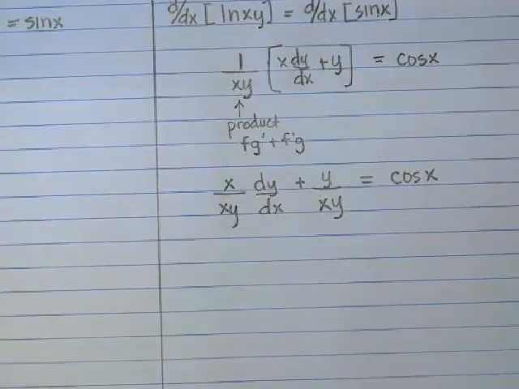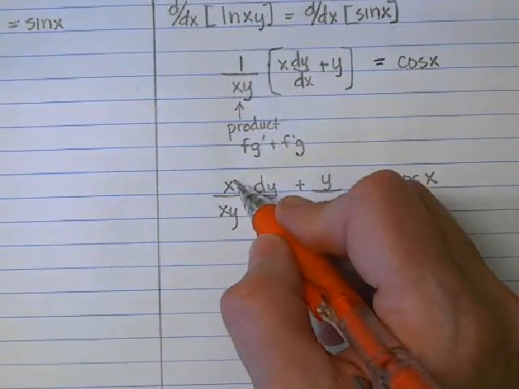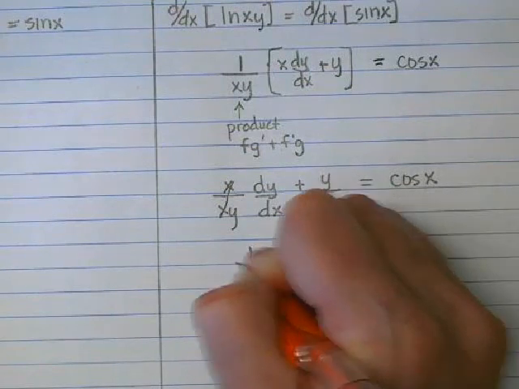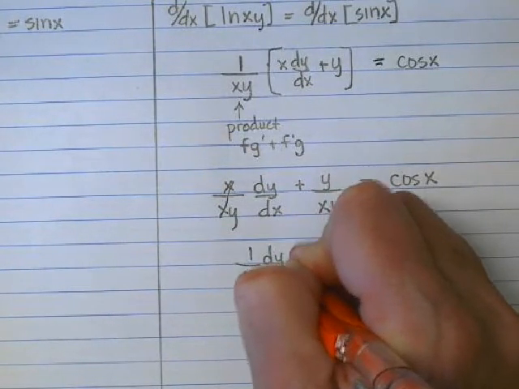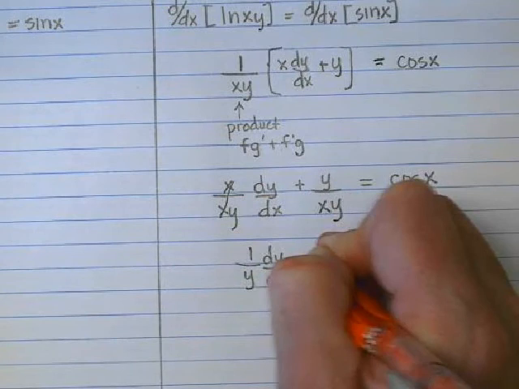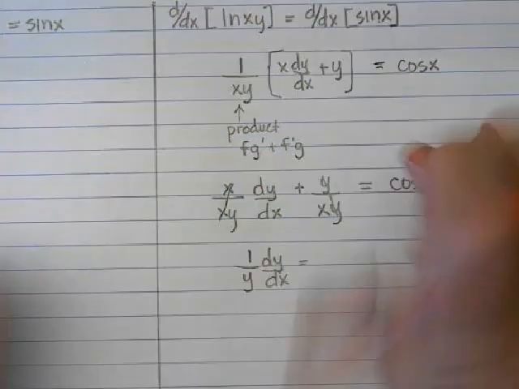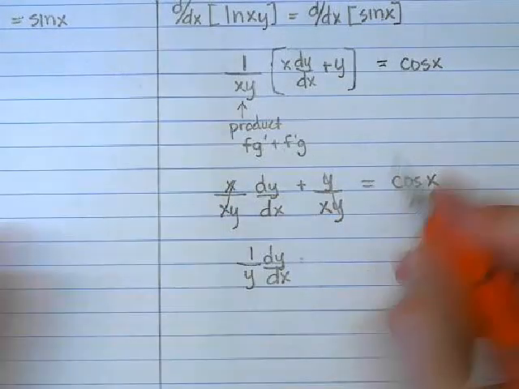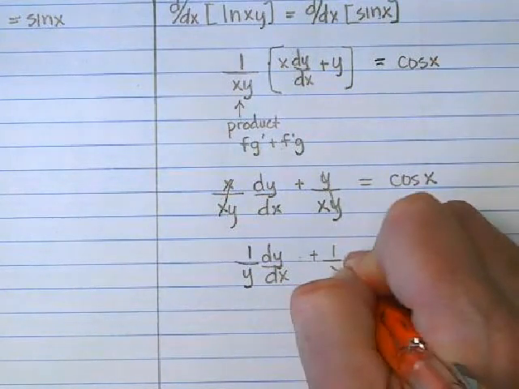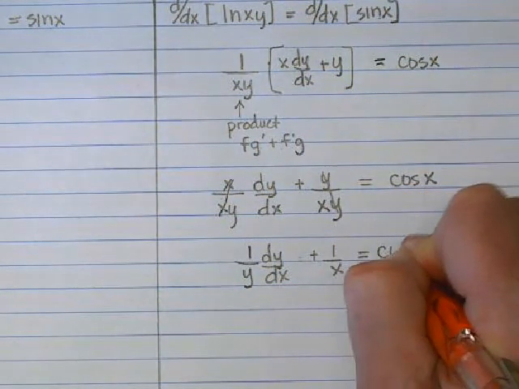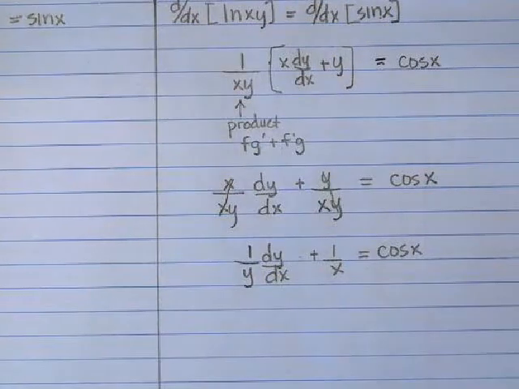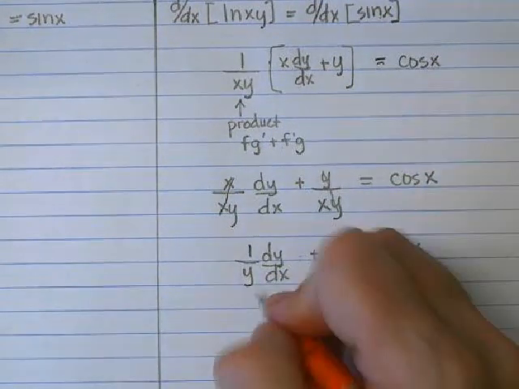Okay, so let's see what happens there. Okay, so that cancels out. So 1 over y dy/dx, those cancel out. Oops, plus 1 over x is equal to the cosine of x.